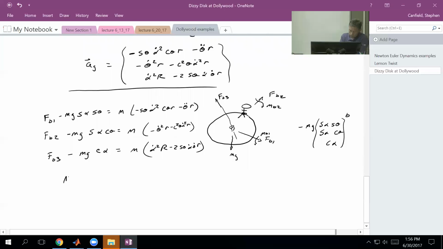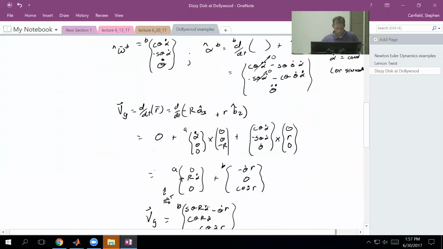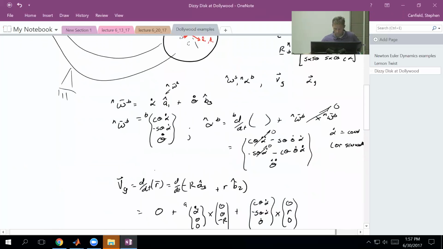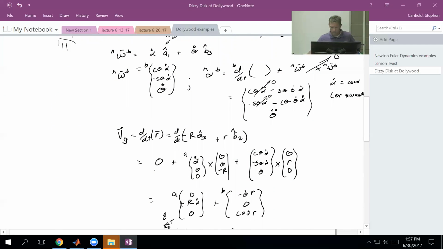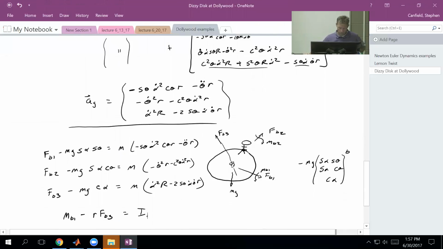Sum of moments, get MB1 minus, I need the moment about the centroid. There's going to be a moment about the one direction. Looks like I'm going to get a negative RFB3 equals I1 alpha 1. What's our alpha? Our alpha was negative sine theta, theta dot alpha dot.